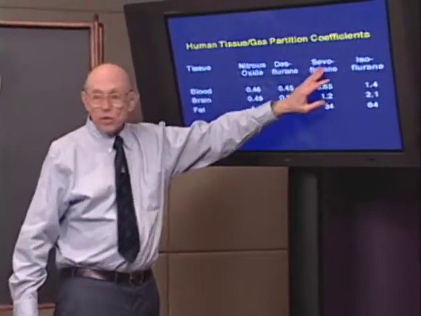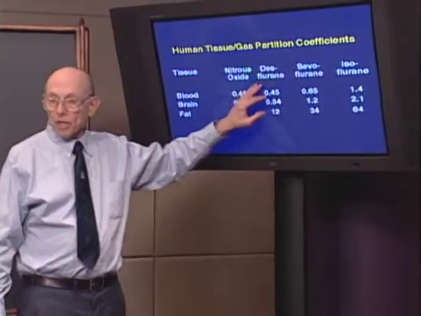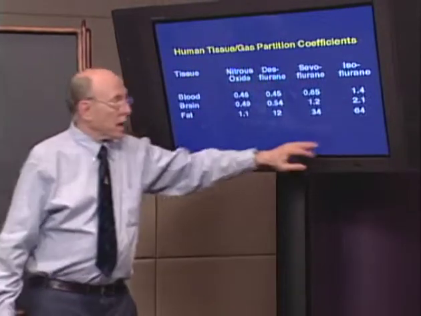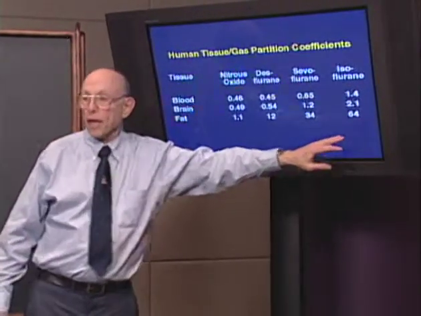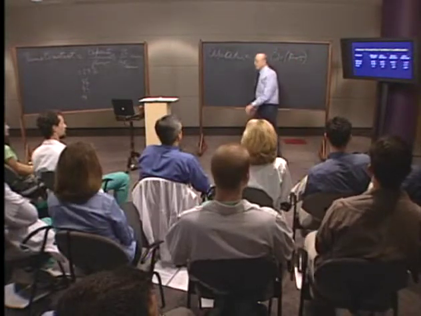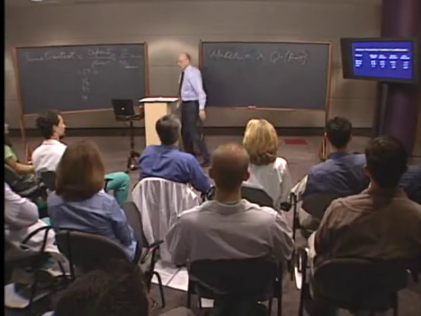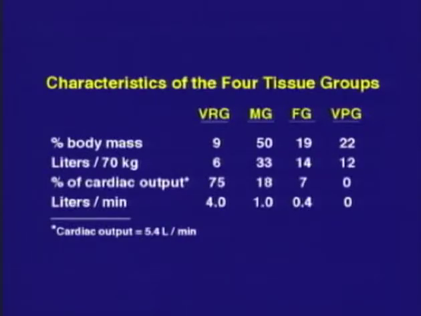Sevoflurane, on average, is about twice as soluble as desflurane. And isoflurane, on average, is about twice as soluble as sevoflurane. If we had halothane on this chart, we would note that it is about twice as soluble as isoflurane. Now, the solubility and the blood flow to tissues determine how quickly tissues will equilibrate with the anesthetic delivered to them.